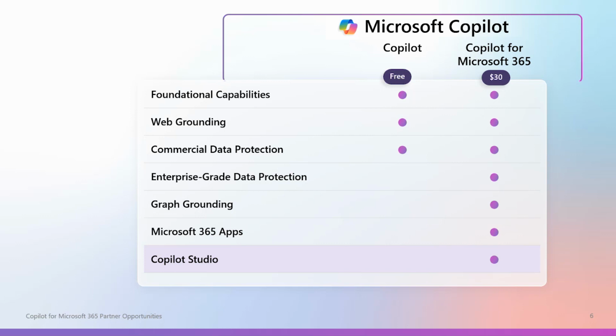On the other hand, Copilot for Microsoft 365 is specifically designed for your organization, offering integration with the applications in your M365 tenant, as well as additional integration with Teams, Microsoft Graph, and you get all the customizations with Copilot Studio, so all the possibilities.